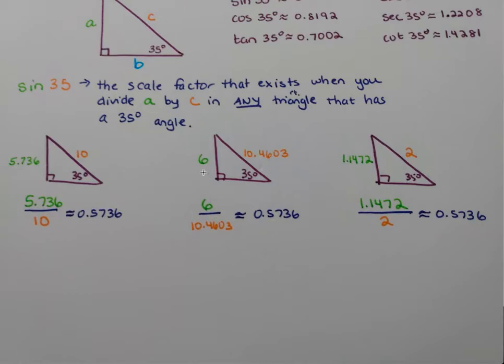So all of these are similar triangles. That 35-degree angle fixes what this ratio should be because of how much that 35-degree angle opens. It's like it opens this far. And if I go to a smaller triangle, it opens that far. And if I go to a bigger triangle, it opens that far. So that's what that 35-degree angle is doing.